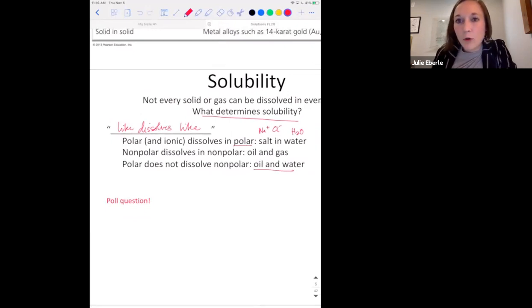So I actually have a poll question on this, and I almost forgot, but I have my reminder. Let me find the right poll. Okay, so I'm going to launch this poll, and what it says is, based on the concept like dissolves like, which of the following solutes would be soluble or would dissolve in acetone?